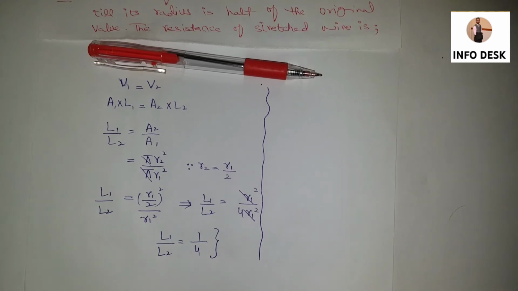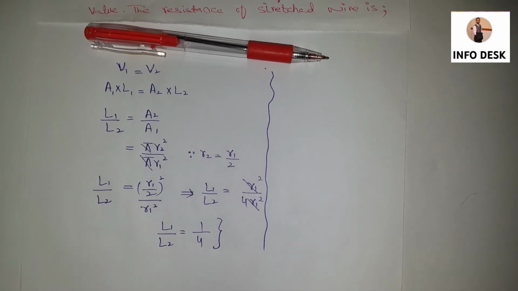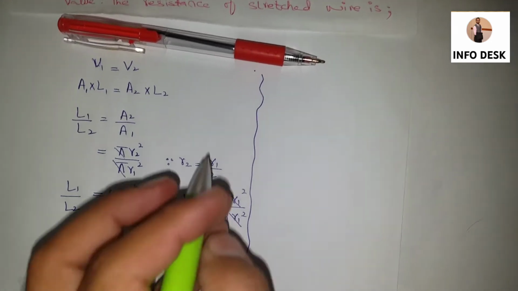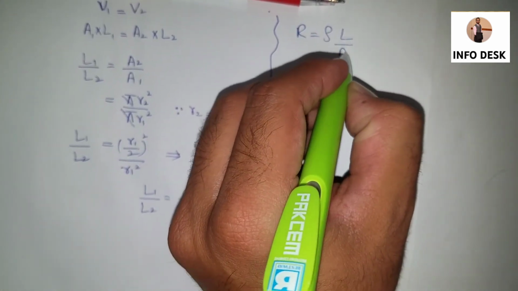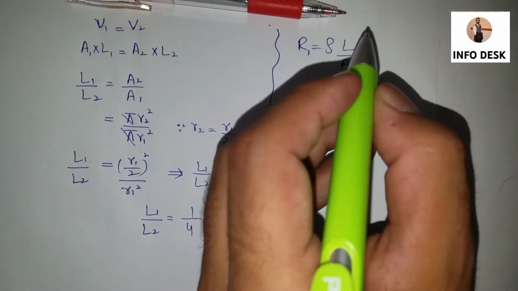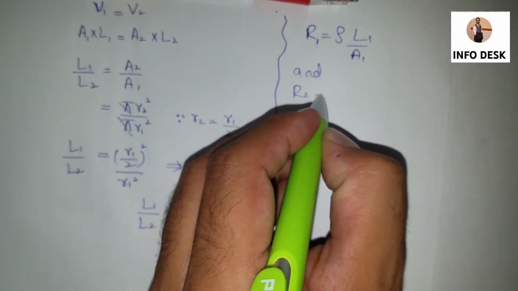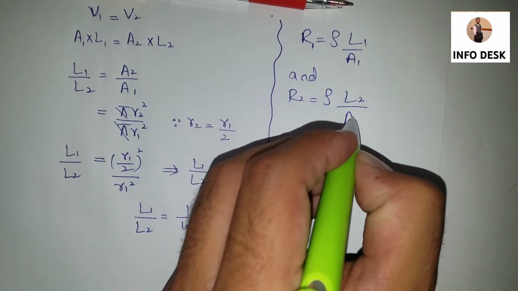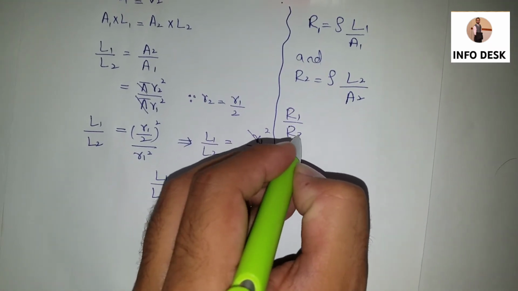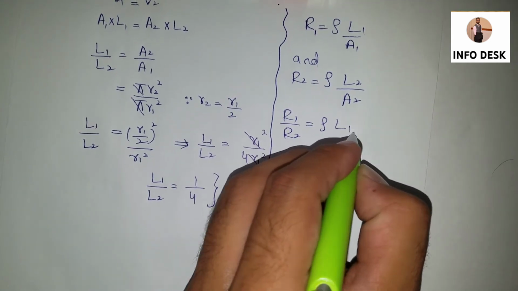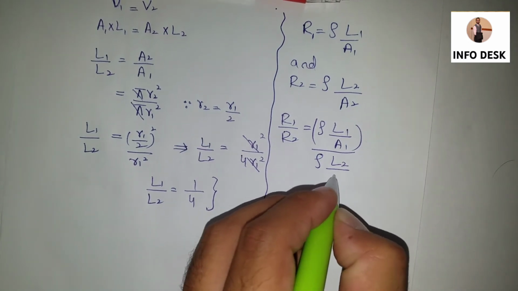by using the resistance formula, we can find the change in resistance of the wire after stretching, as the expression of the resistance is R equals rho L over A. If this is the resistance R1 with length L1 and area A1, and the resistance R2 is rho L2 over A2, the ratio of the resistances R1 over R2 is rho L1 over A1 over rho L2 over A2.